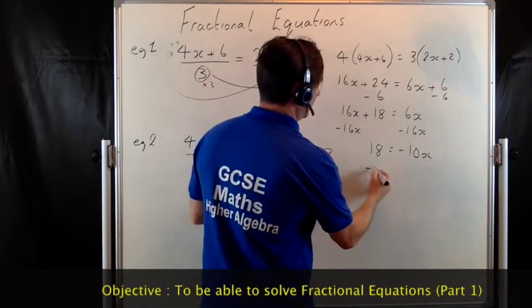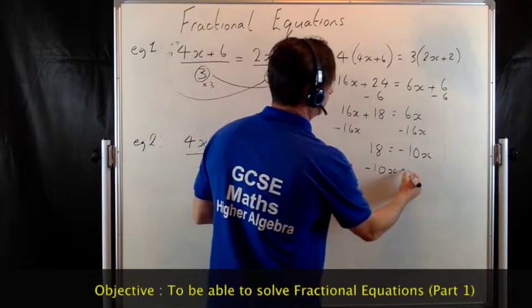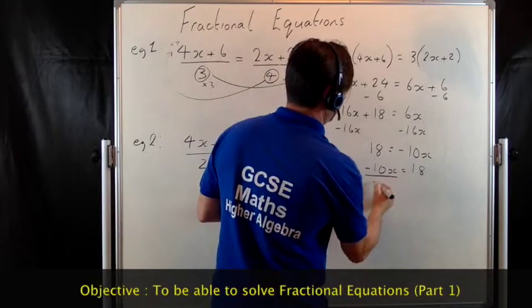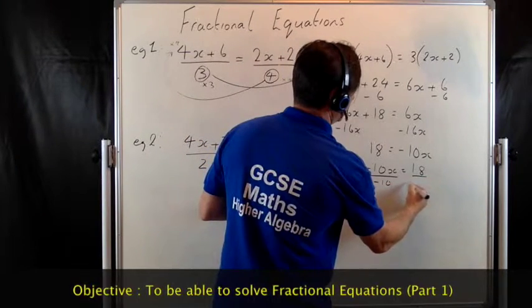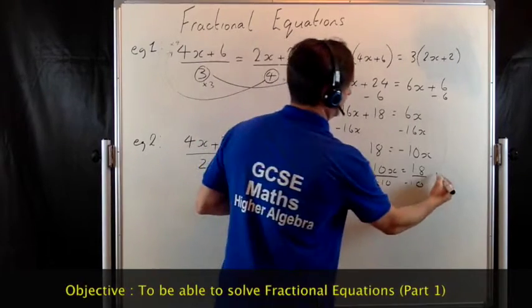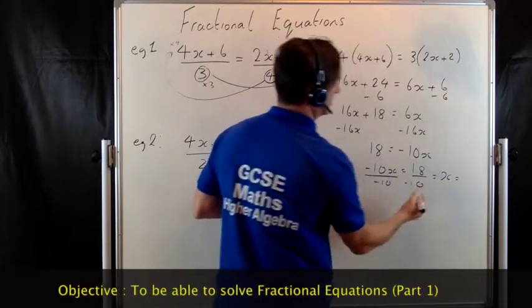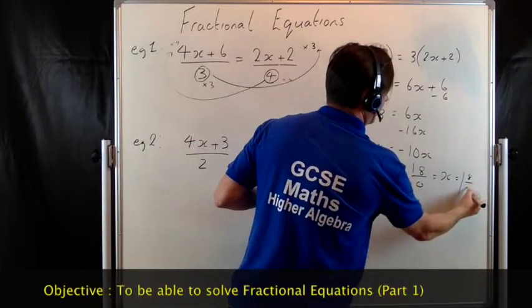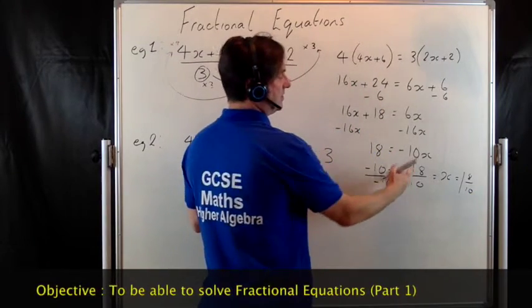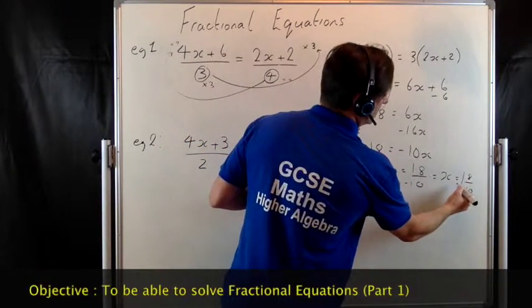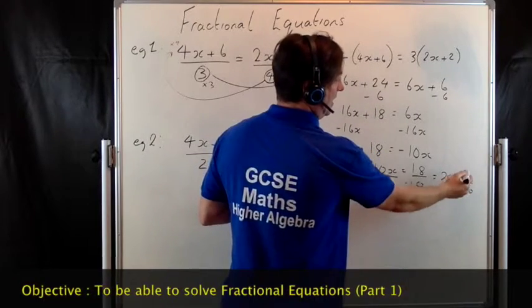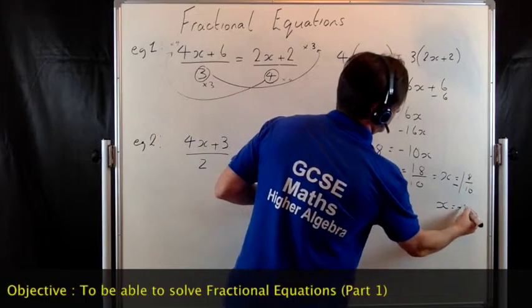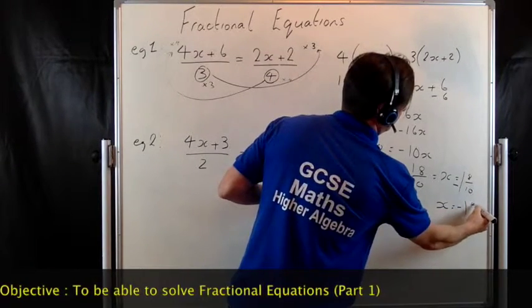I tend to write that around the other way, so I've got negative 10x equals 18, and then to finish off I'm just going to divide both sides by negative 10, which is going to leave me with x equals, well, 10 into 18 goes once, with 8 left over. I write that over the denominator, but of course because it's a positive divided by a negative, the answer here must be negative. I could simplify that because 8 over 10 is going to give me negative 1 4/5.